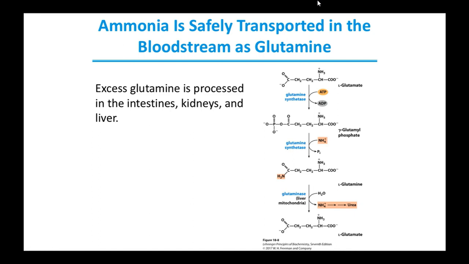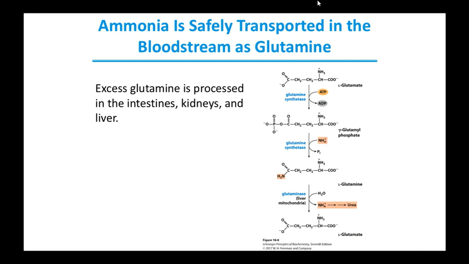So we had a couple of things going on here. We had glutamine. Glutamine can move from one place to another. The way we deal with glutamine is we can make it from glutamate, that's glutamine synthase, by essentially adding an ammonia to it.